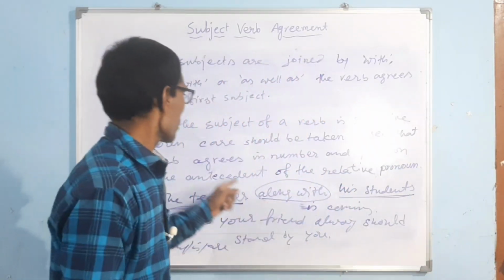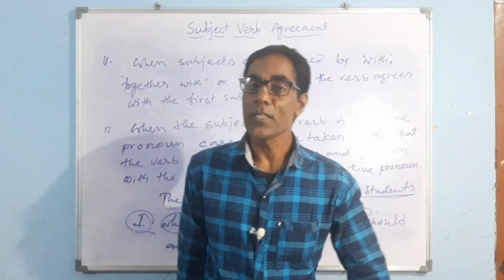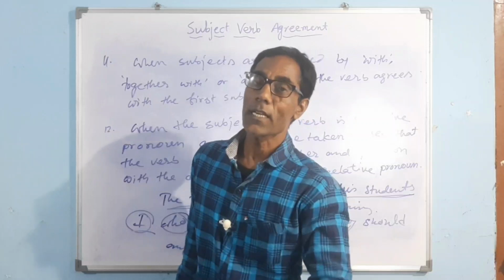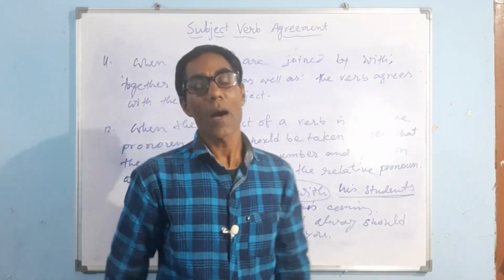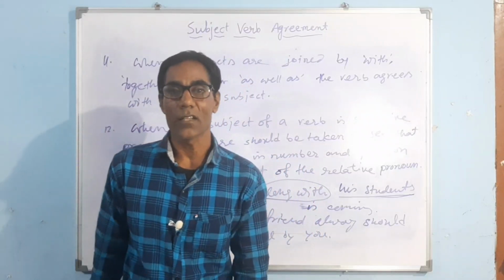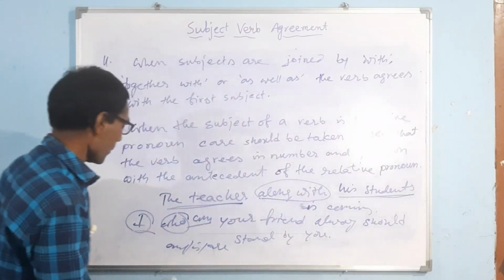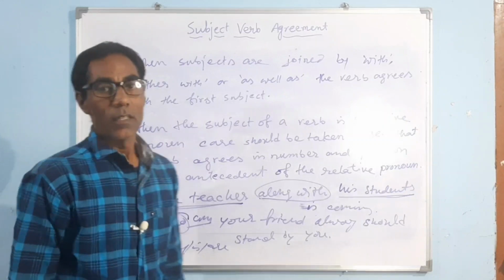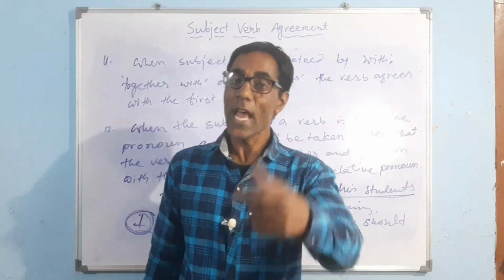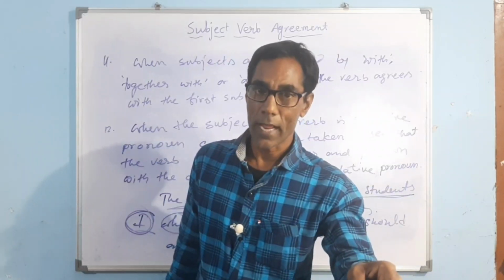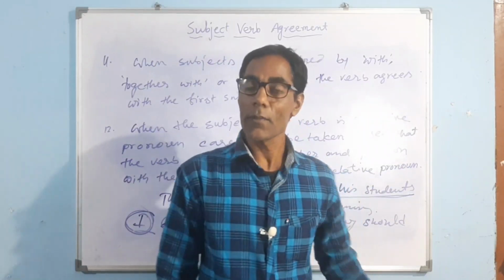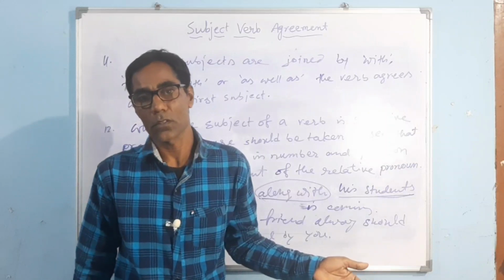Therefore, that's why I told, when the subject of a verb is a relative pronoun, care should be taken to see that the verb agrees in number and person of the antecedent of the relative pronoun. Antecedent means here that is the thing. The man who is standing there. The man who is standing there, because the man is the antecedent, who is describing the man here, is an adjective clause.